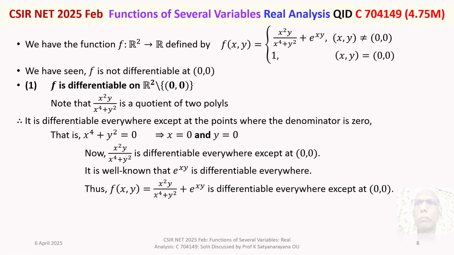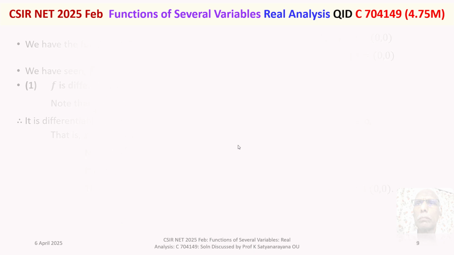That's right. That's what precisely option 1 says. Therefore, f is differentiable on R square except at the origin. Thus, option 1 is true. Right. We move to the next option in the next slide.